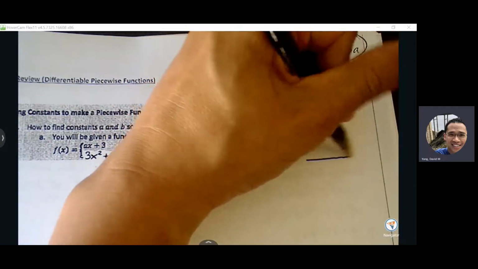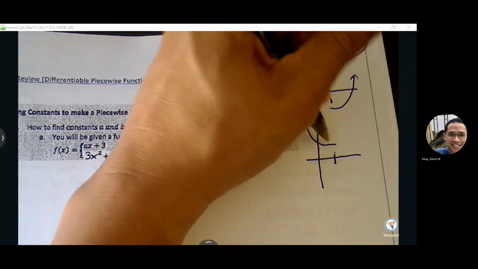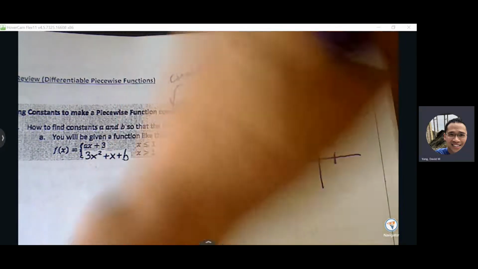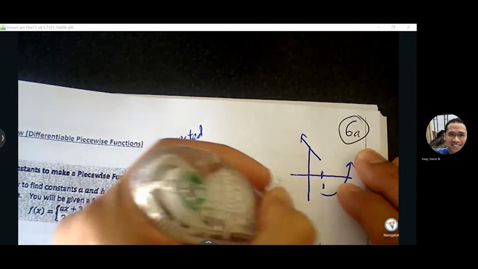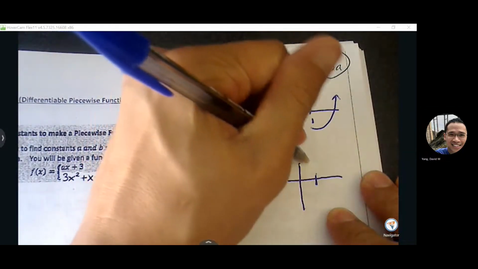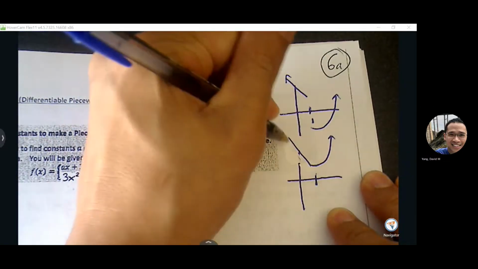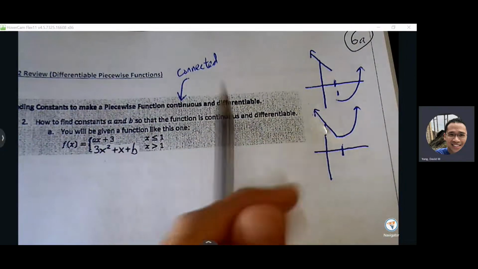So if they had the same y value, maybe the graph would look more like this. Then that will be connected.